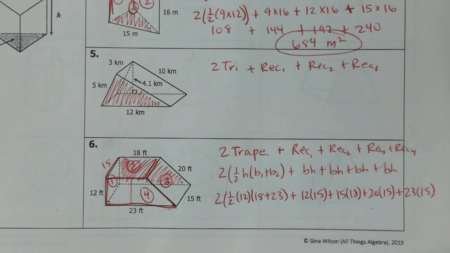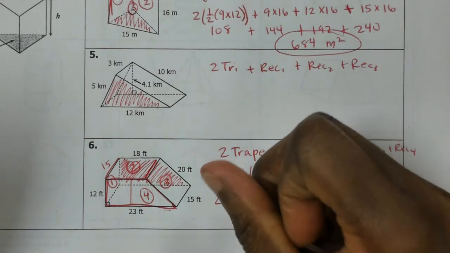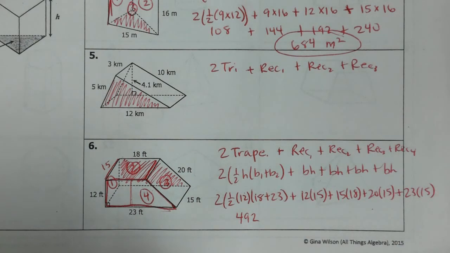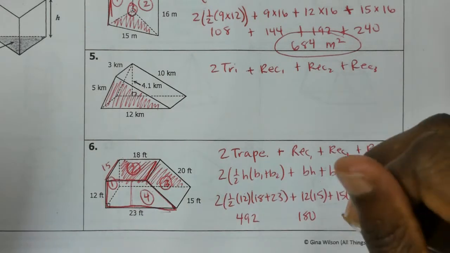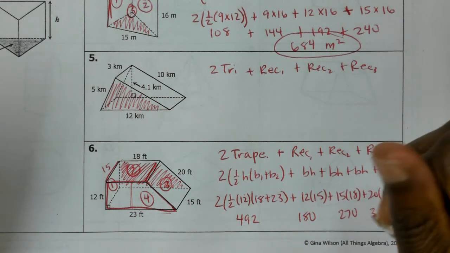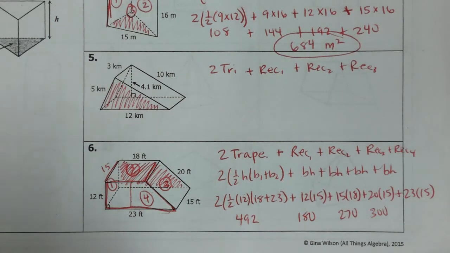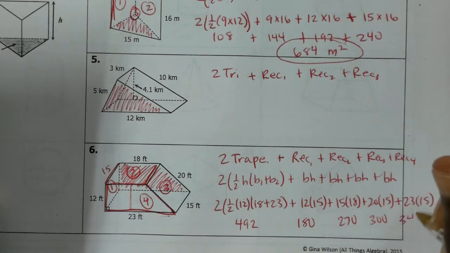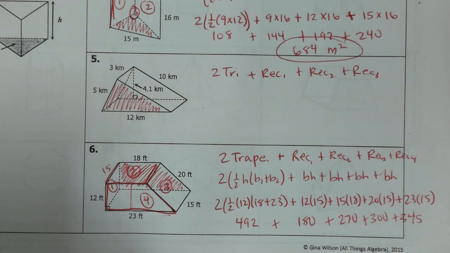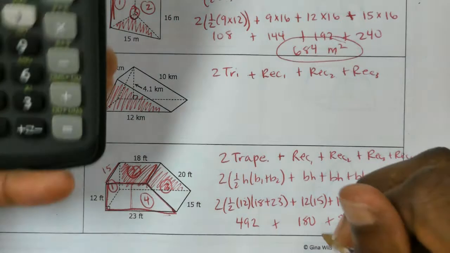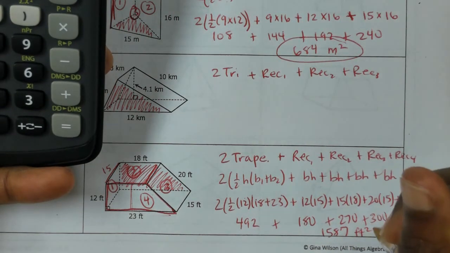Okay, so you're going to do all that calculation and solve for that. So you should get 1587 when you do all of it together.